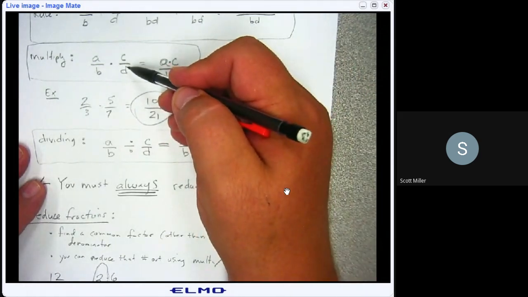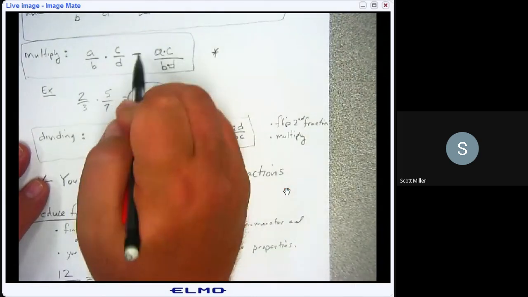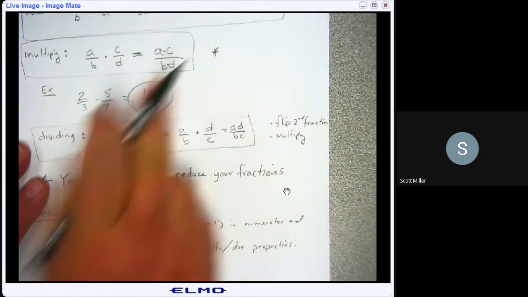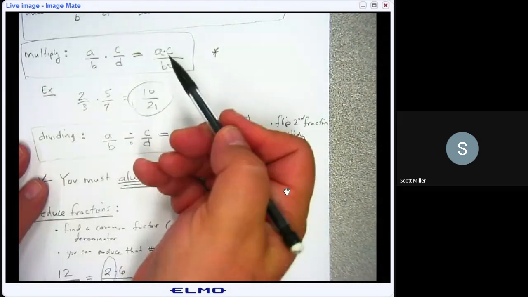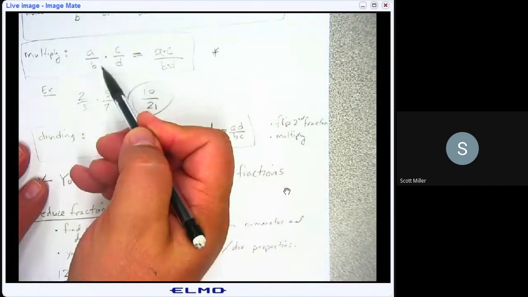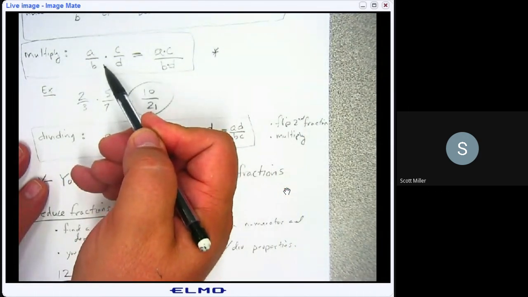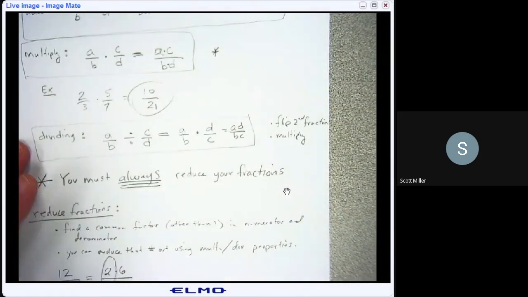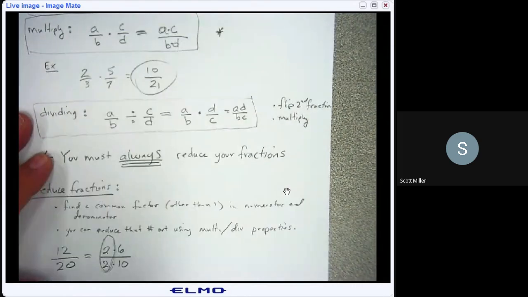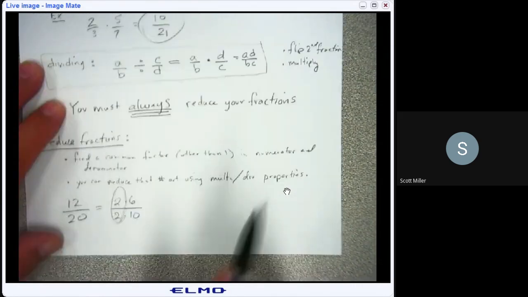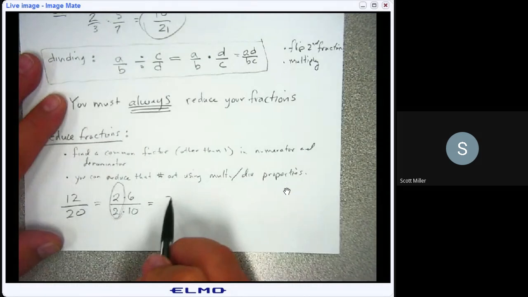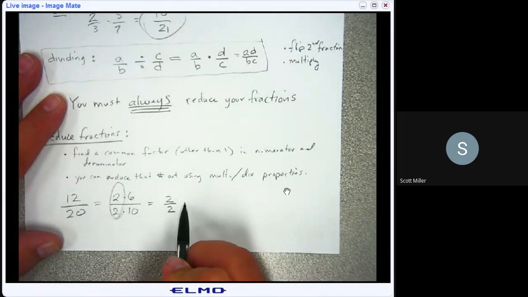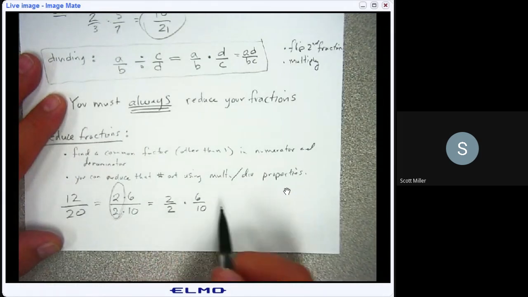Remember, this is an equals. A lot of times people think it only goes in that direction. I can do this and I can do that. Well, I can also take something like this and put it like that. I can go either way. Now, we normally do this in our head and we do this quickly, but I'm showing you where it comes from, okay? So this I can break off as 2 divided by 2 times 6 divided by 10.